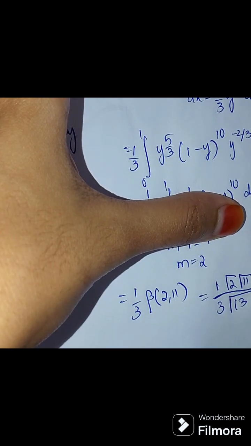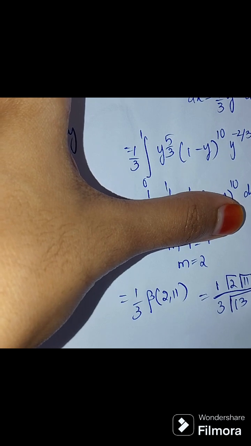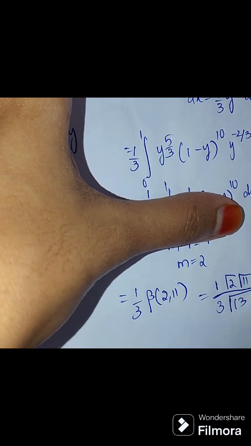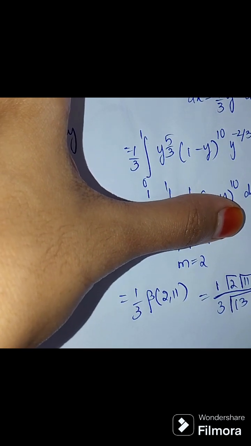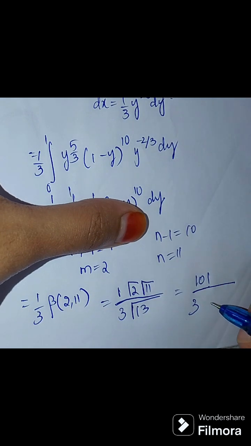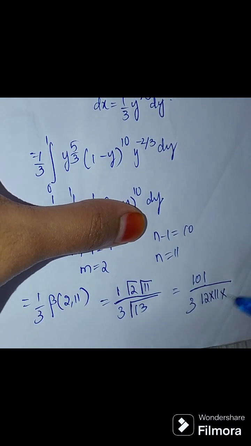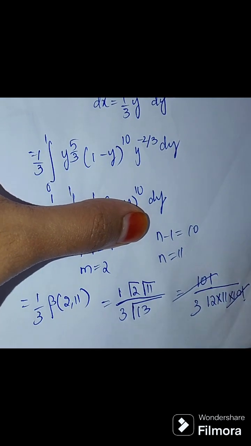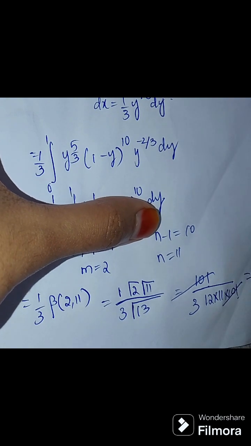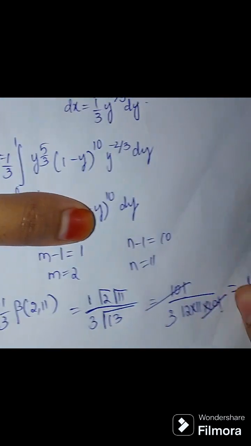Gamma 2 is 1 factorial, so it's 1 only. Gamma 11 is 10 factorial, and down, gamma 13 means 12 factorial. So 12 into 11 into 10 factorial. So it will be 1 by 3 into 1 by 132, that is 1 by 396.